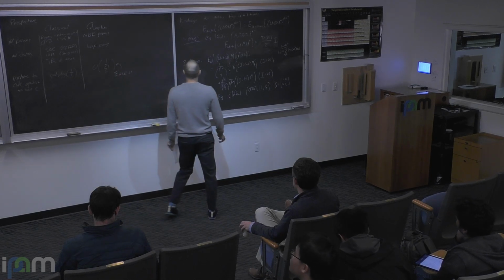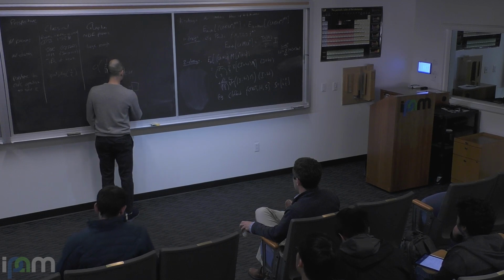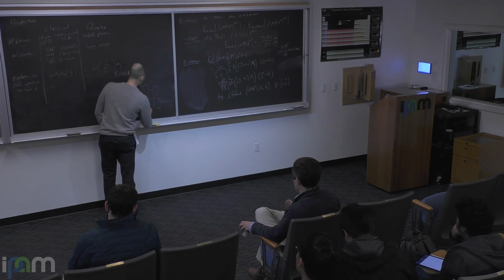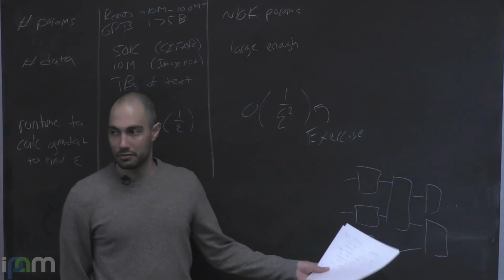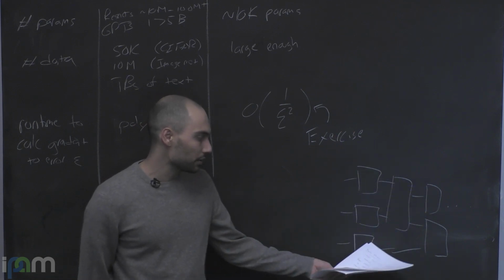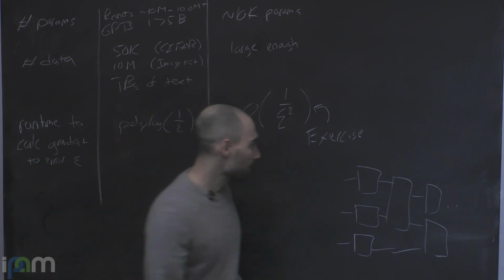Let's be specific to the setting we care about. We have some circuit, and it takes some form like this. I'm just going to draw a bunch of gates, and this goes on for a while. This circuit we initialize at random when we start. These are all gates that have parameters, and at the start, we initialize them randomly.